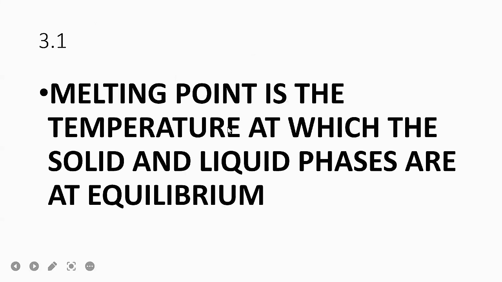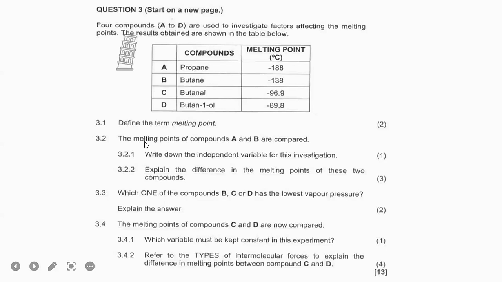We say melting point is the temperature at which the solid and liquid phases of a substance are at equilibrium. And then 3.2 says the melting points of compounds A and B are compared. 3.2.1 says write down the independent variable for this investigation. Now let's look at A and B. You can see that A and B belong in the same homologous series, that's alkane.